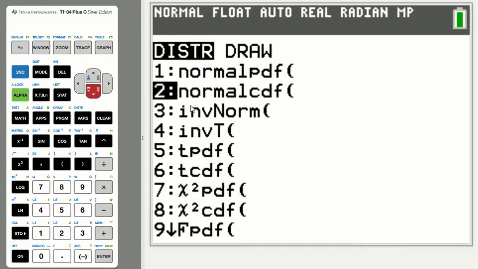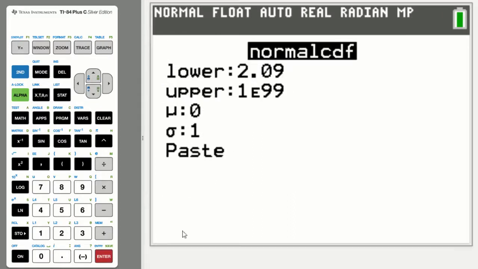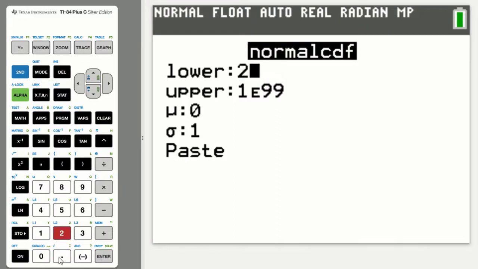I'm going to scroll down to option number 2 that says normalcdf, and I'm going to hit enter. So lower end this time, I am going to provide 2.96, and for the upper end, since we're having an indefinite upper end, the way of giving it is 1E99.